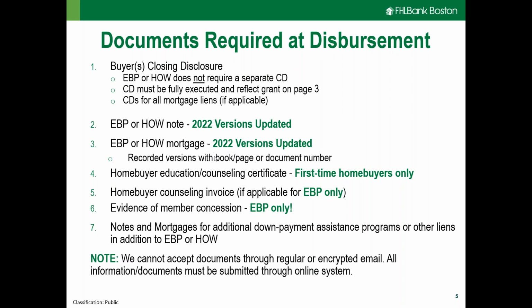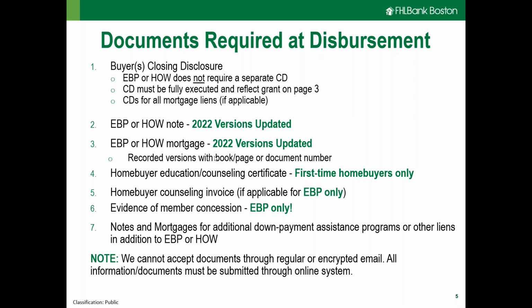Especially in the northern New England states, the education and counseling can be rather costly because there are a lot of affordable housing programs for down payment assistance. Sometimes they can be up to $500. If EDP is being used to subsidize that, we are going to need that counseling invoice and making sure that it is showed paid at closing on that closing disclosure. For EDP, we have evidence of a member concession. We'll talk about that later.